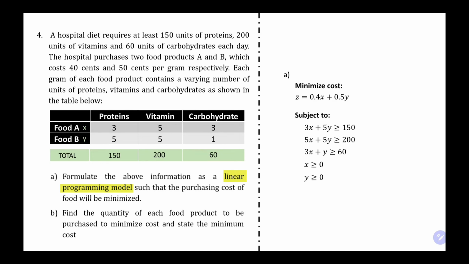Since x and y refer to food, food cannot be negative. We finish question A. Now we go to question B. Question B, find the quantity of each food product to be purchased to minimize cost and state the minimum cost. So we need to sketch the graph, find the region, and find the minimum value.